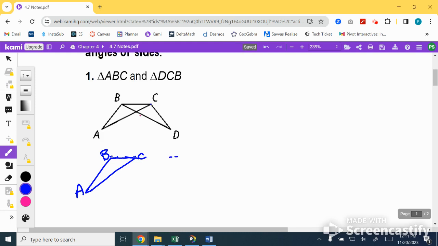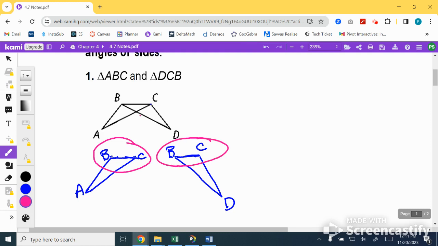I'm going to go from B to C, down to D. And this is triangle BCD right here. So now I've pulled those two triangles apart. Let's see what we have in common in both triangles. And that would be right here and right here. So I have line segment BC in common in both of our triangles.